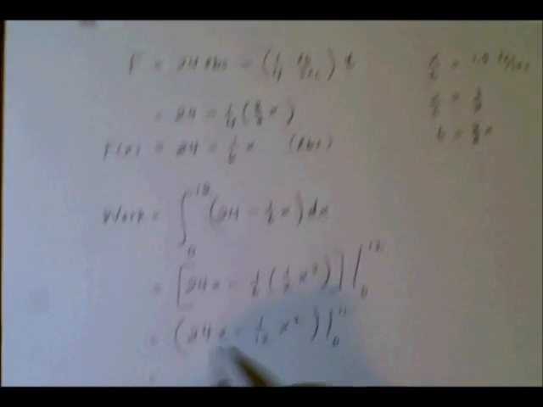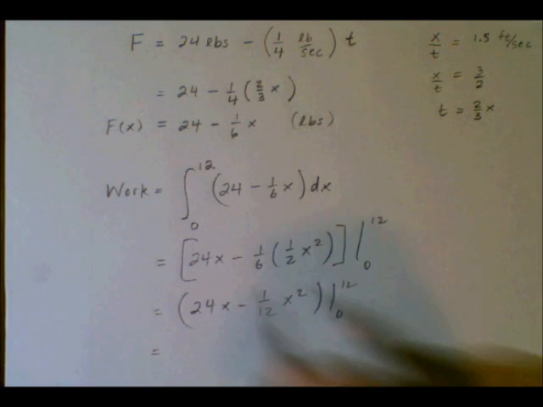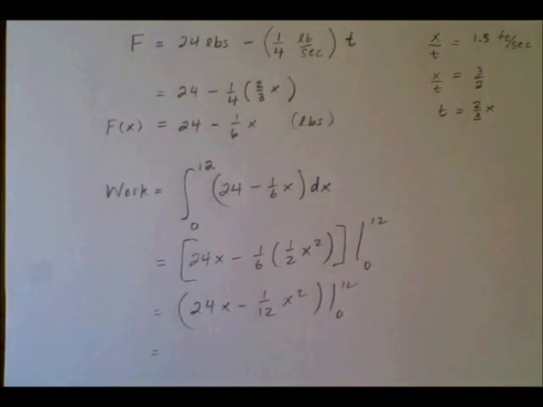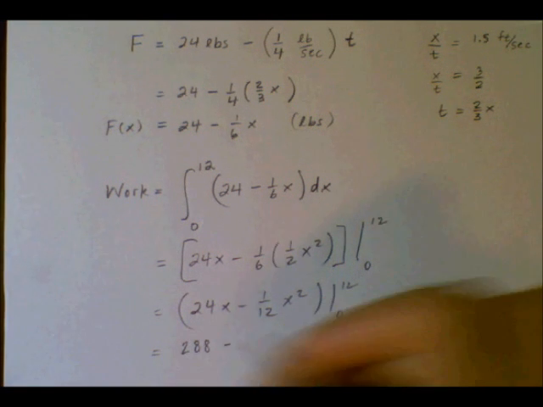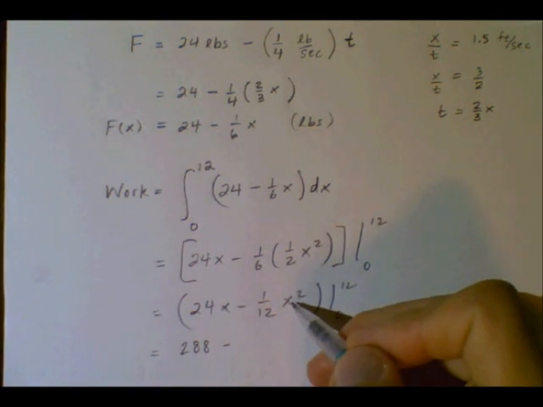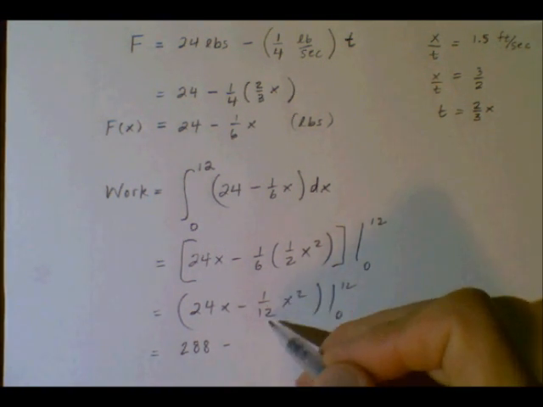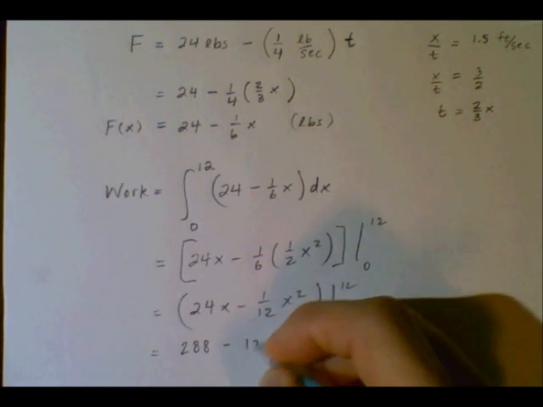When I evaluate this antiderivative at 12, 24 times 12 is 288 minus 12 squared divided by 12. Well, that's just 12, isn't it?